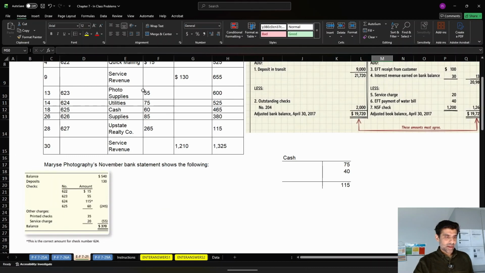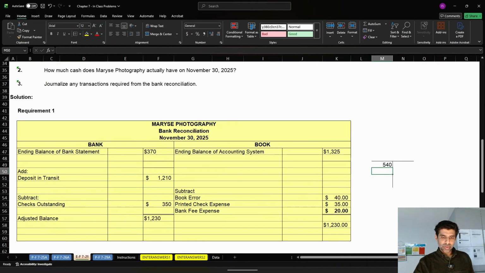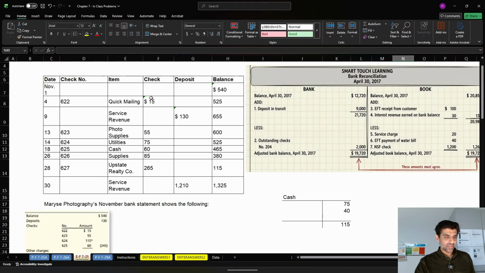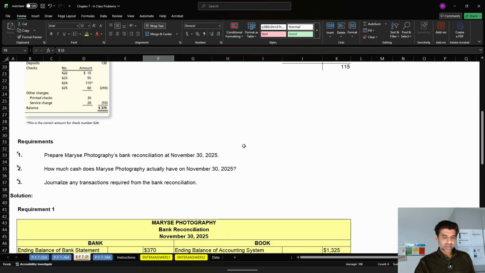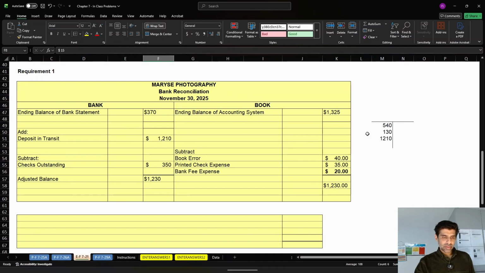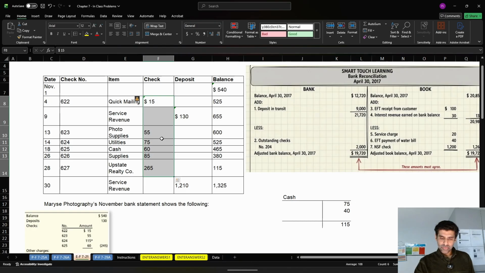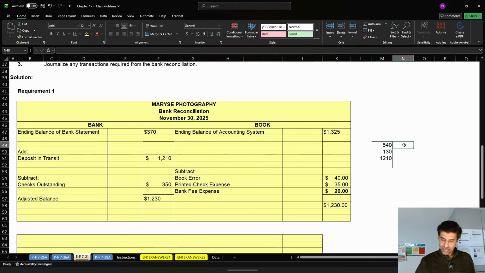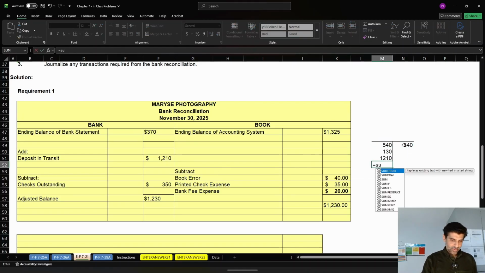And then we had deposits of 130 and then 1,210. And then we had all these checks written, all these 6 checks, that totaled 540, 580. She was 540.